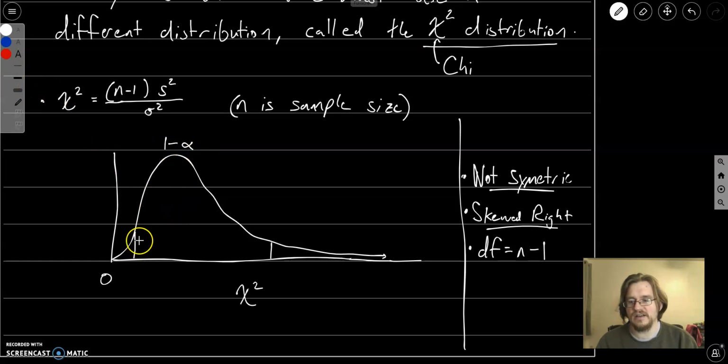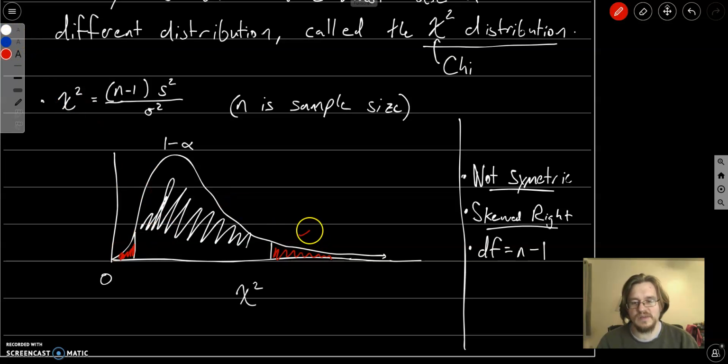So the area here in the middle is going to add up to 1 minus alpha. The extra alpha part is going to be off to the sides. So over here, this will be alpha divided by 2. This is how much area there is on this side of the curve. And then over here, this will also be alpha over 2.